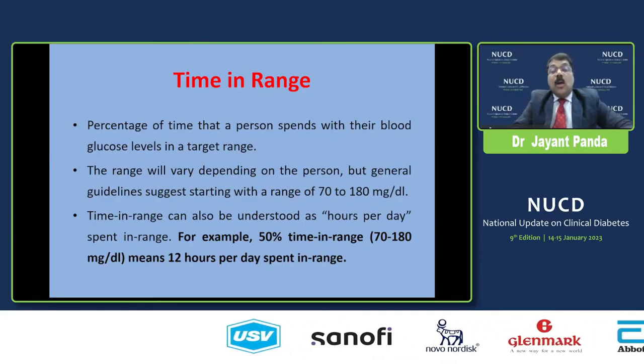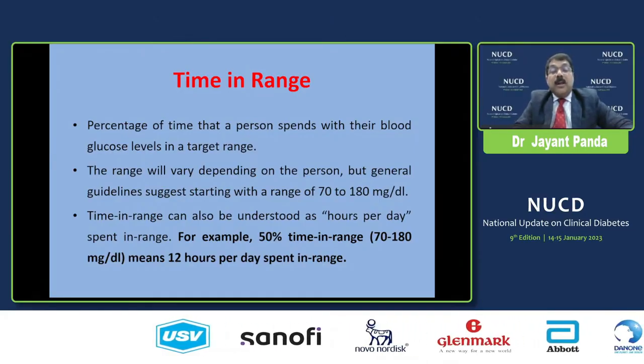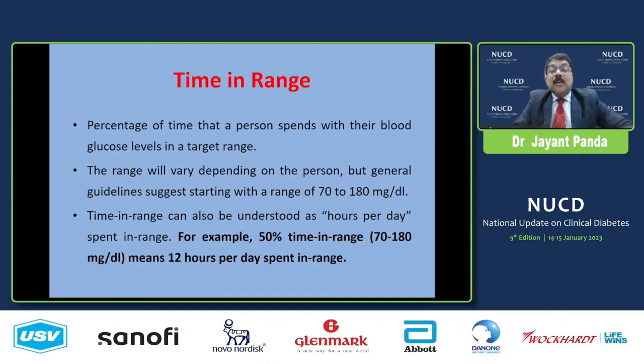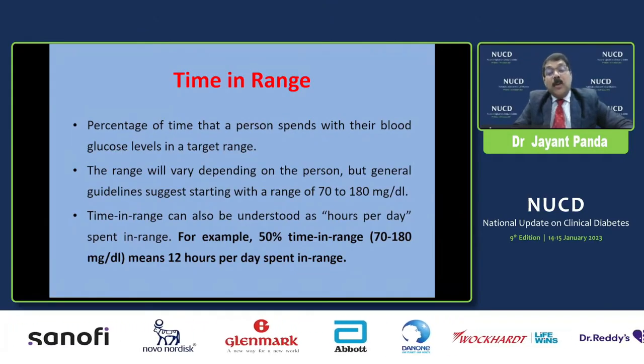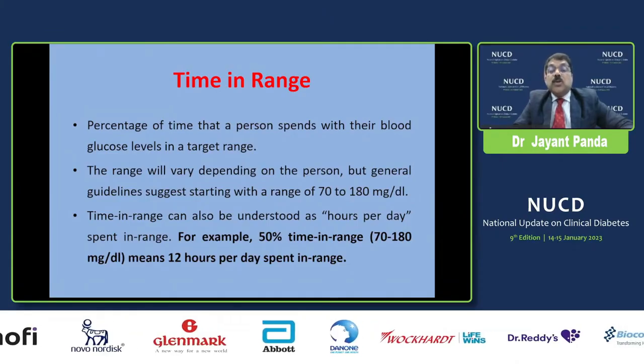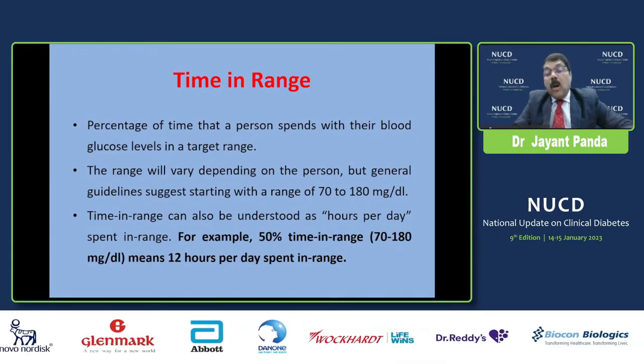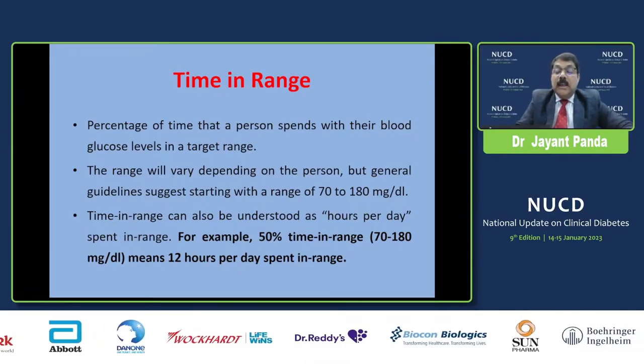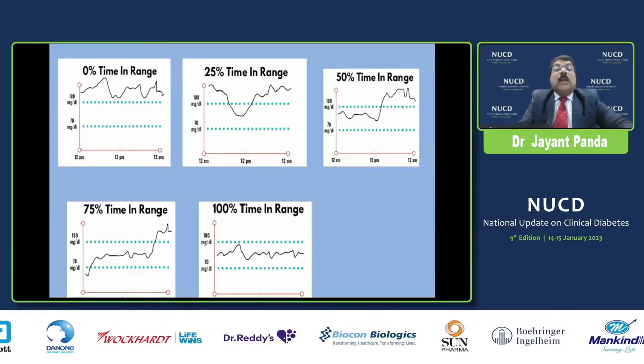So time in range can also be understood as the hours per day spent in range. If it is 50%, you can understand that for 12 hours per day the person is well controlled, with blood glucose fluctuating between 70 to 180 milligram, and half of the day the patient is well controlled.